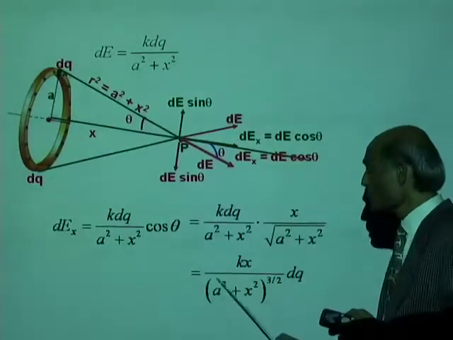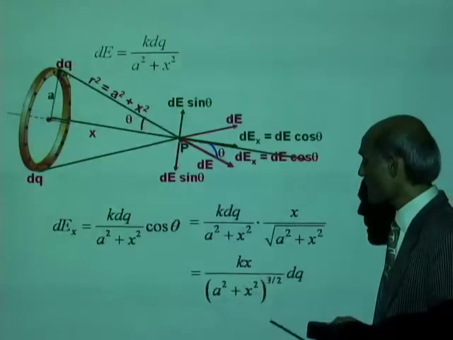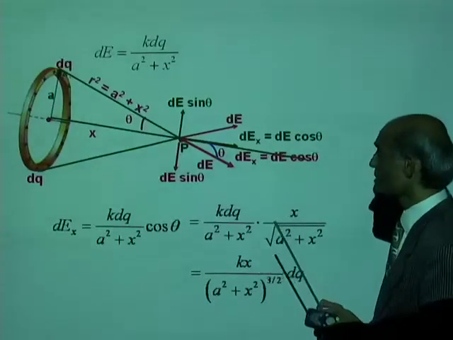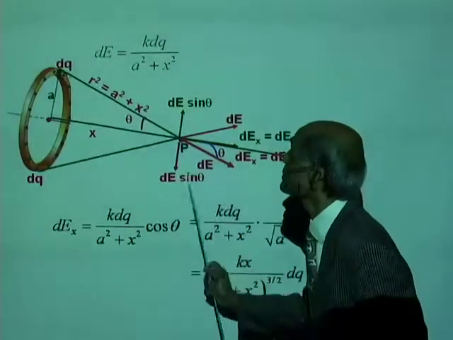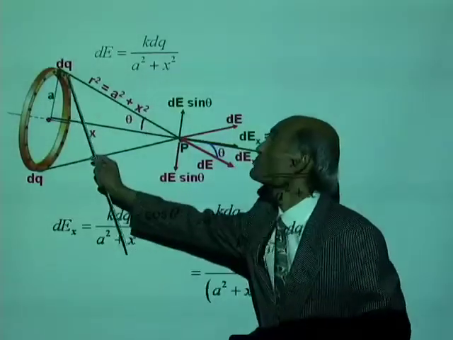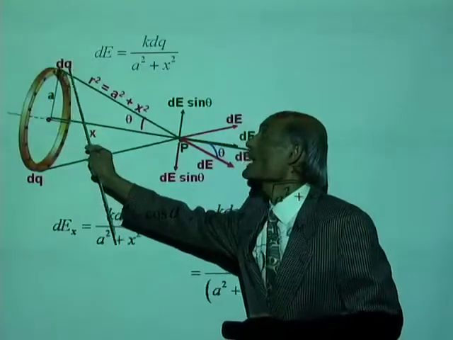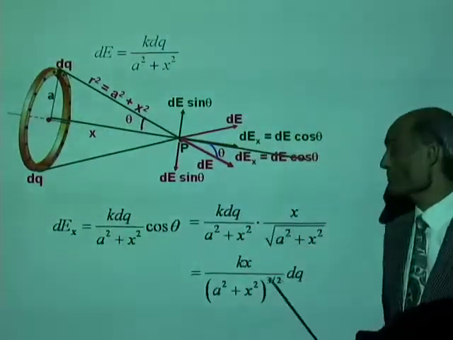I'm sure you know that is written as a squared plus x squared to the power of 3 over 2. And this is the x component of the electric field due to one small element of charge dq.